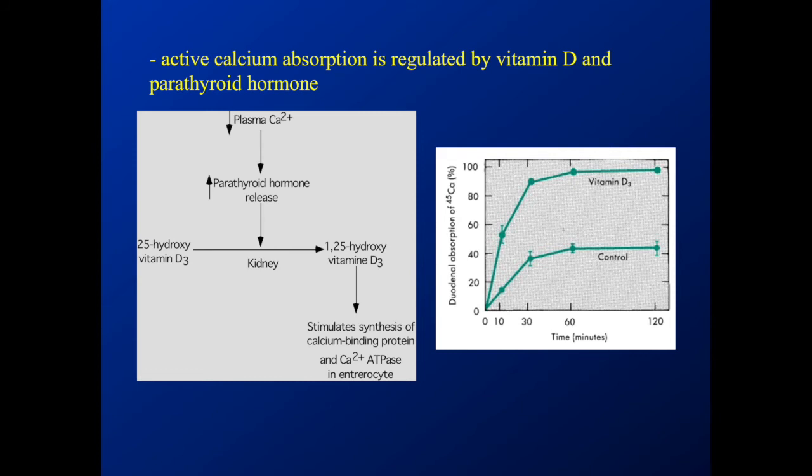Obviously, you saw in the previous slide that calcium needs energy to pass over the basolateral membrane, and the transporter that does this, the calcium ATPase, is upregulated in the presence of 1,25-dihydroxy vitamin D3, and the change to the absorption is shown here in this graph.